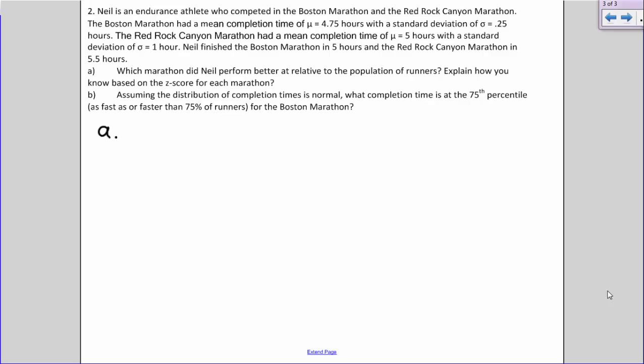Let's go ahead and simplify this information by writing it down, just the numbers that we need, okay? So we've got the Boston, I'm not going to put BM and abbreviate it because that could be misinterpreted. Let's see, Boston Marathon. Okay, then we have the Red Rock Marathon. Well, let's be specific.